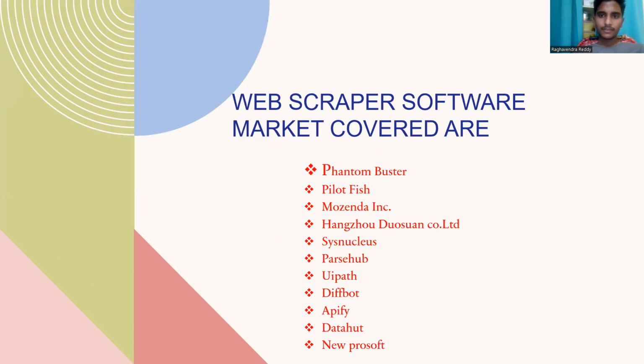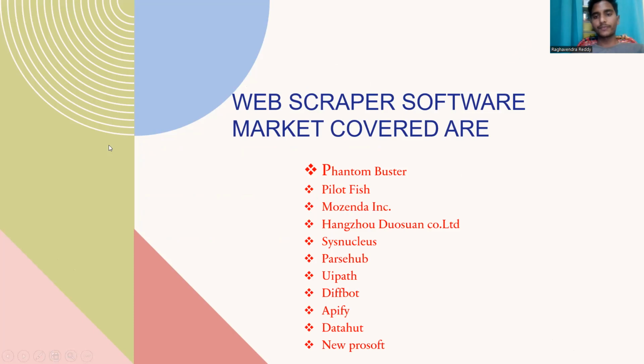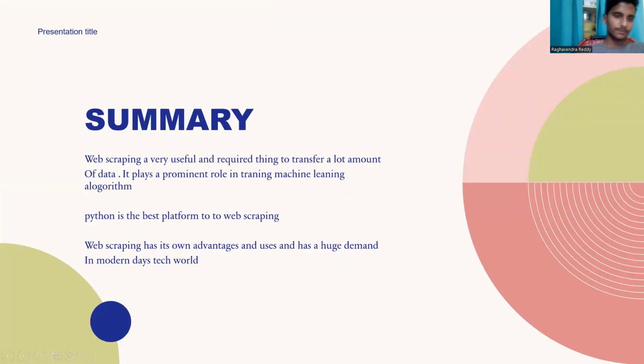Some of the companies that make web scraper software are Phantom Buster, Pilotfish, Mozenda, Hangzhou Dawson Co Limited, Sysnucleus, ParseHub, UiPath, Diffbot, Apify, Data Hut, and Newprocast.